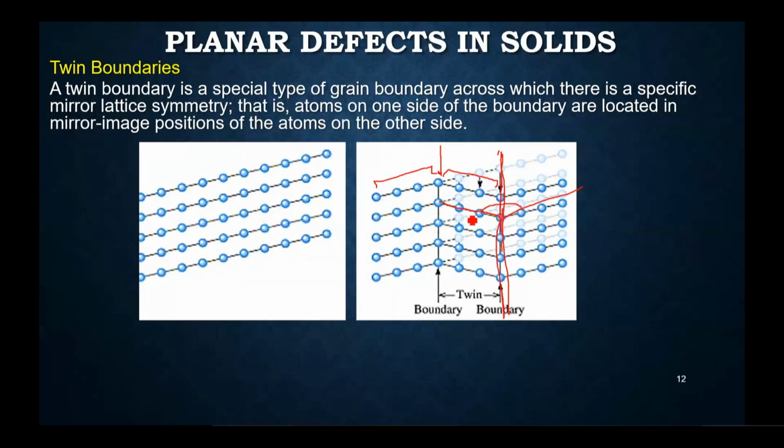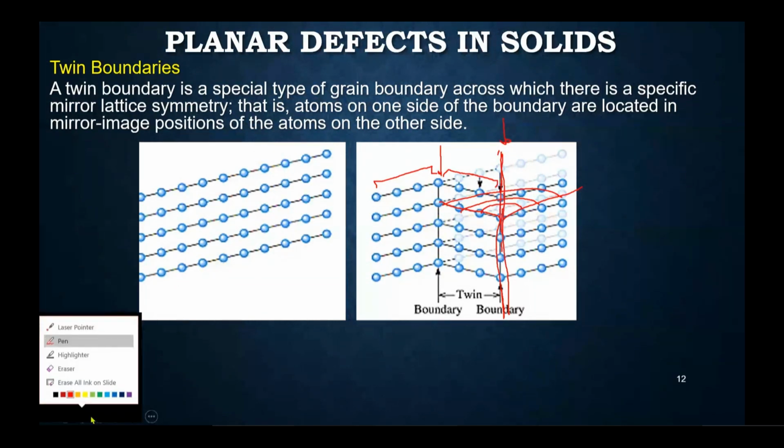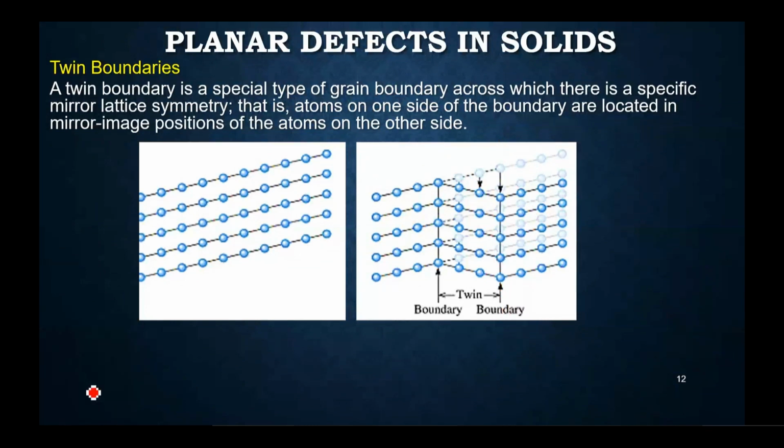This is mirrored to this, and this is mirrored to this position across this second boundary. So you have essentially two boundaries. This is one boundary and this is the other boundary, and across both the boundaries there is a mirror image.